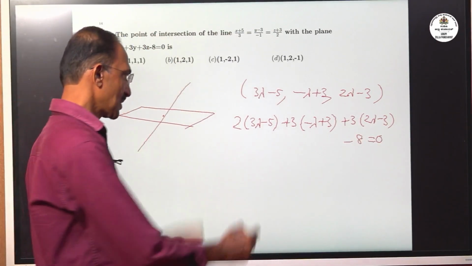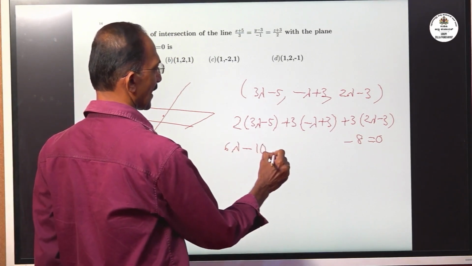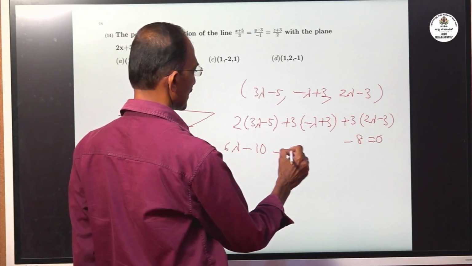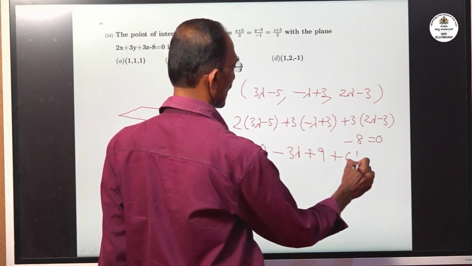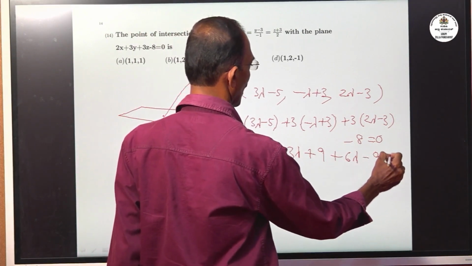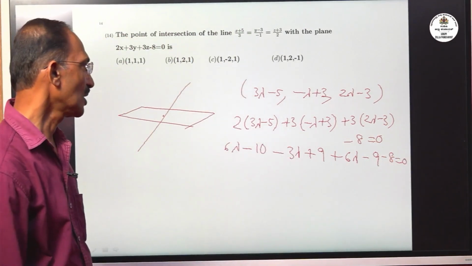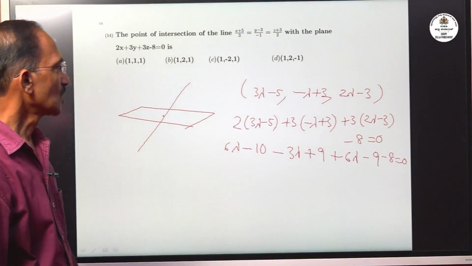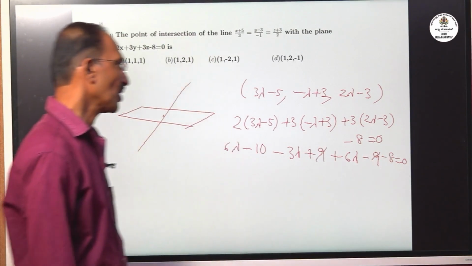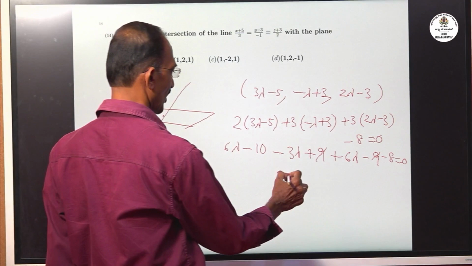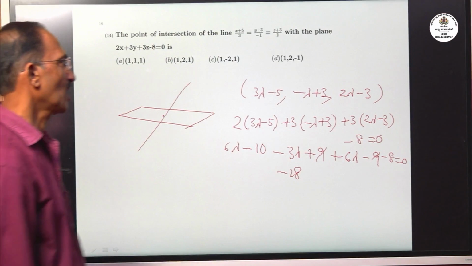So 2 into 3 is 6 lambda minus 10, minus 3 lambda plus 9, plus 6 lambda minus 9 minus 8 equal to 0. That is 6 lambda minus 3 lambda, the 9 cancels, and you are getting minus 10 minus 8, that is minus 18, and 6 lambda plus 6 lambda minus 3 lambda.